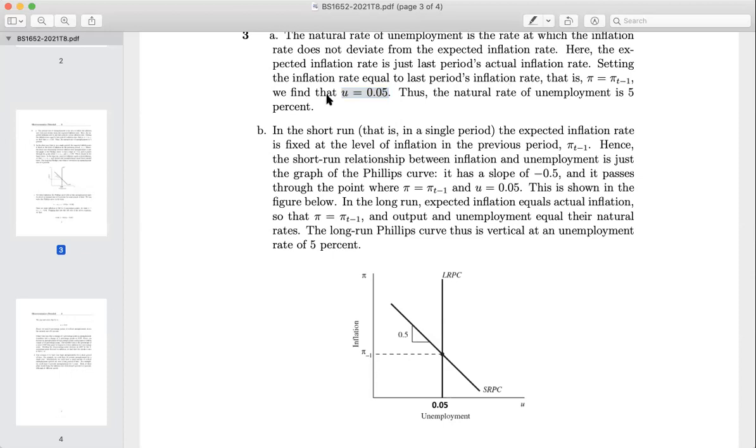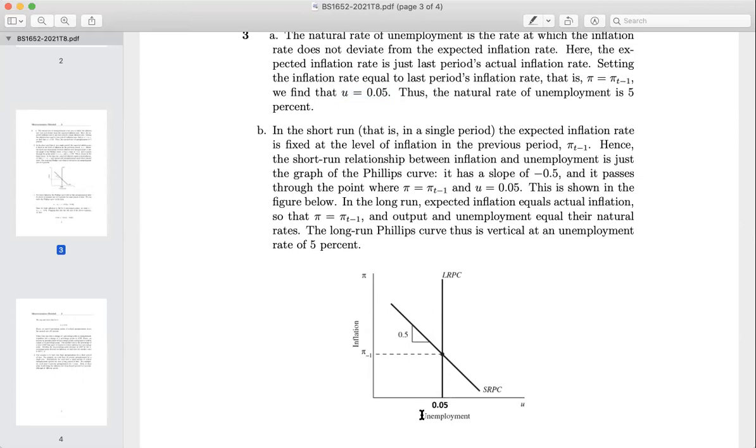That's the long run aggregate supply. We just said a few minutes ago that many economists will treat the Phillips curve as the aggregate supply curve. So the long run Phillips curve is basically the long run aggregate supply curve, and it tells us the same information.